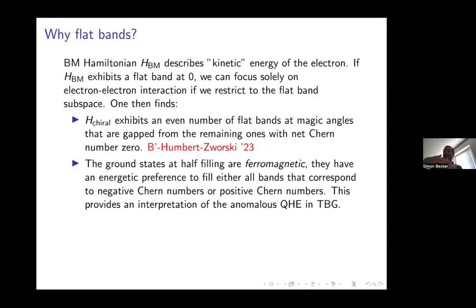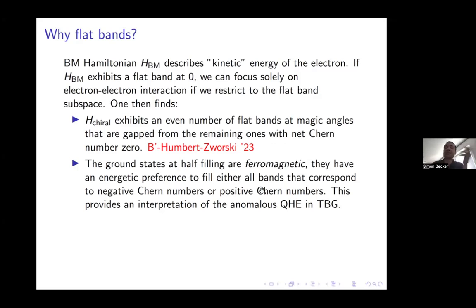So if you have half filling, then what you have is some kind of ferromagnetic ground state of the interacting one. So you confine yourself to the flat band subspace, you put some interaction on top of that. It turns out that the ferromagnetic one is the ground state, where ferromagnetic here means that you fill essentially one of these bands completely.